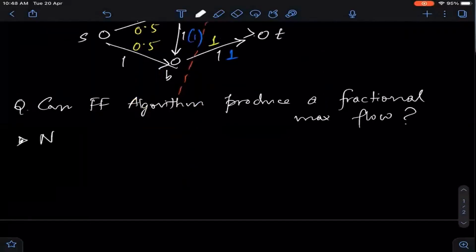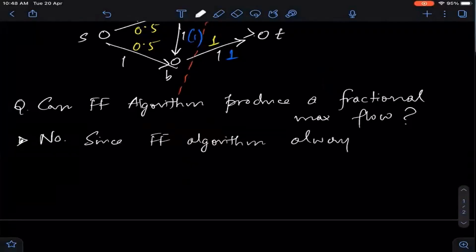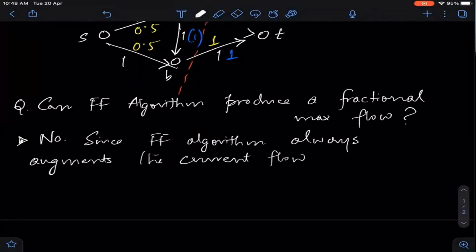So the answer to this is no, since the FF algorithm always augments the current flow with an integral flow.